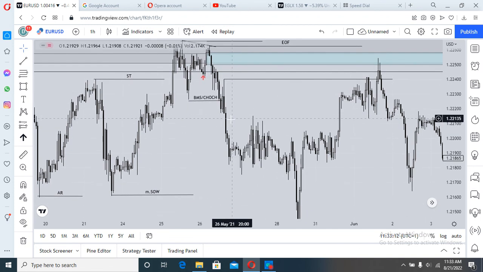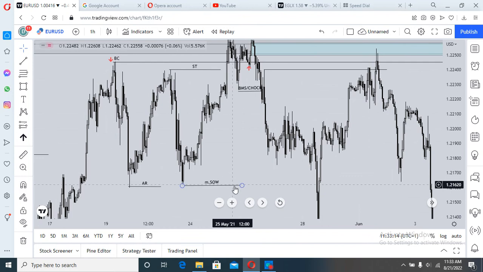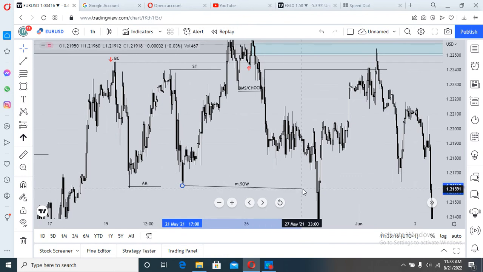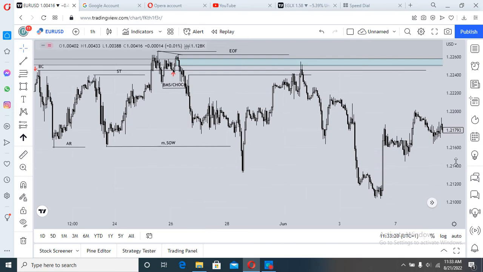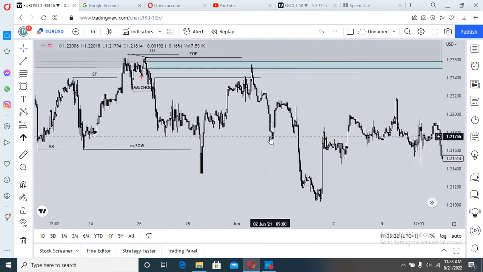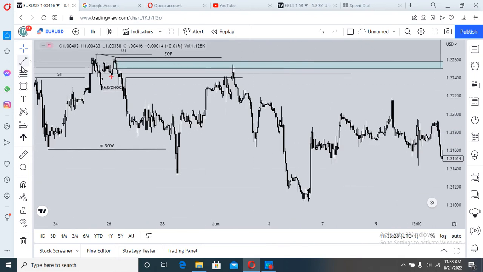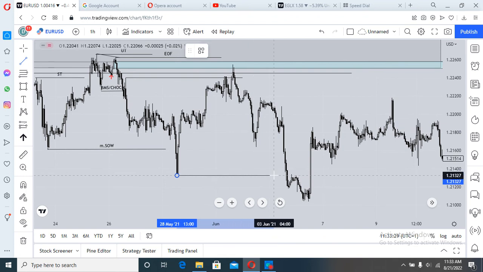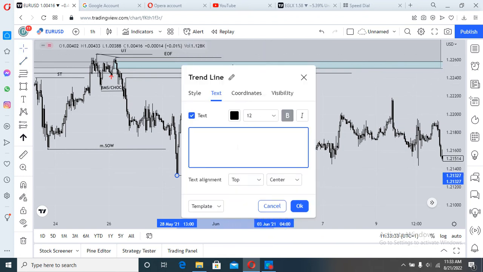Okay. Now another confirmation, a clean one, is that it broke a major low. This is where you confirm your white curve phase, right? It broke our minor sign of weakness, right? So our minor sign of weakness it broke. What happened? We have a major sign of weakness right there.